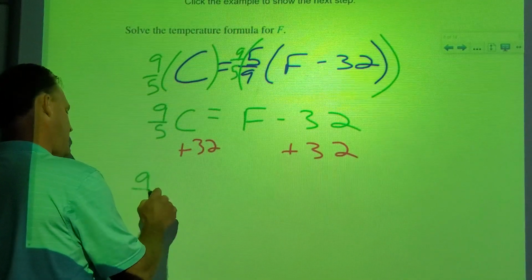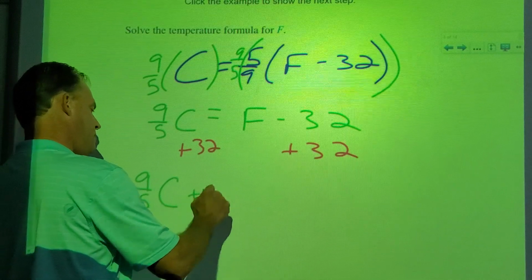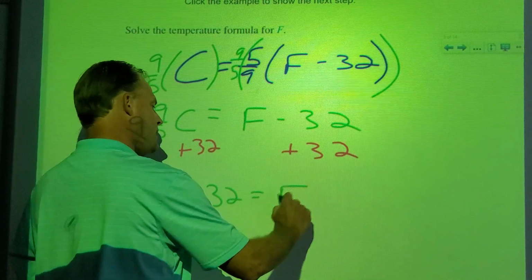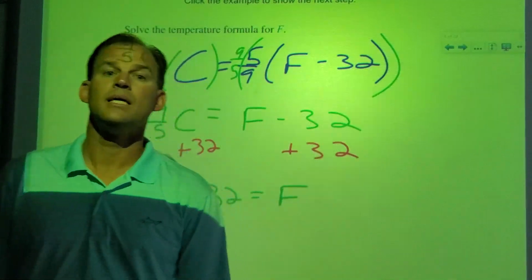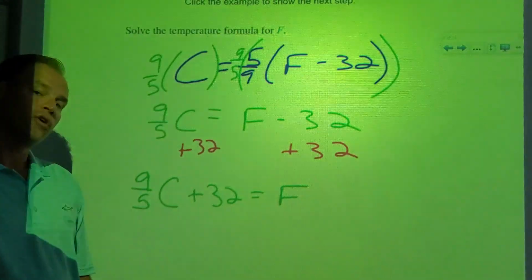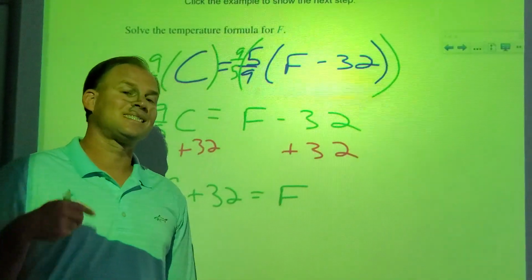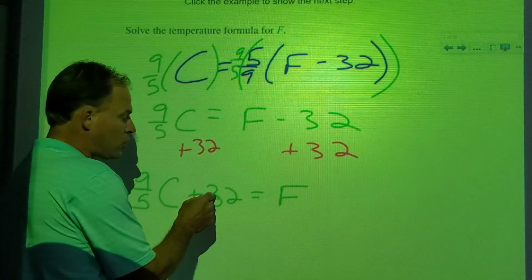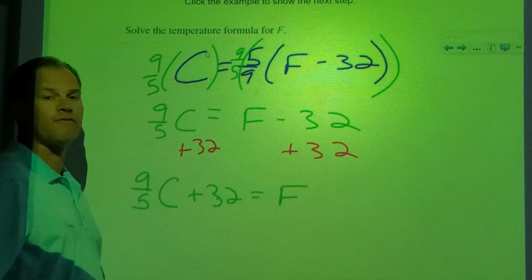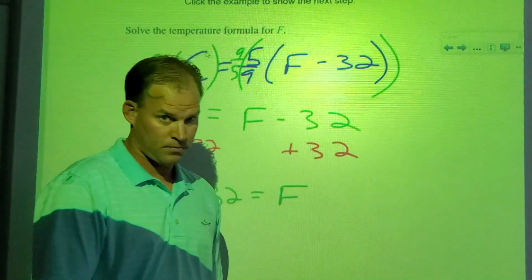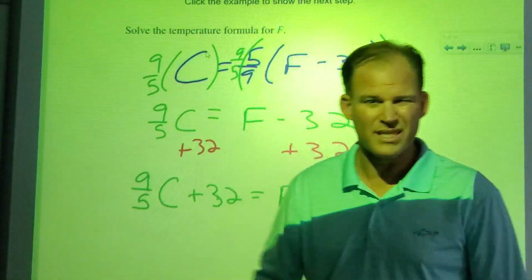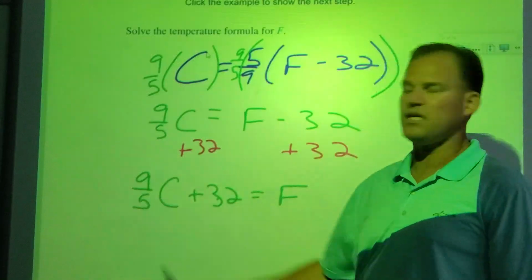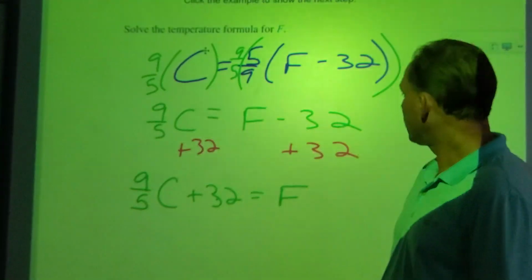So I have 9/5 C plus 32 is your Fahrenheit temperature. So if you've ever heard somebody say something in Celsius, multiply by 9/5 and add 32 to it to get the Fahrenheit answer. Okay? Nice little thing to have in your head. Not the easiest math to do, but there you go.